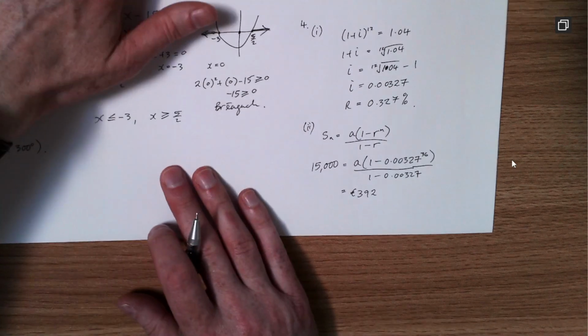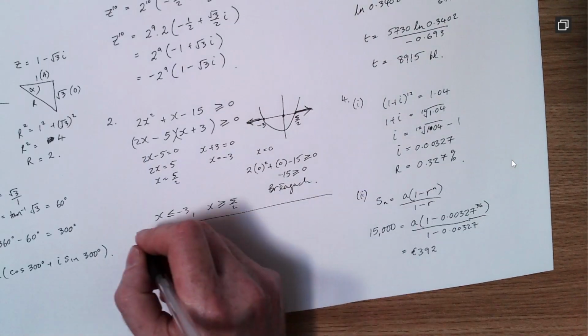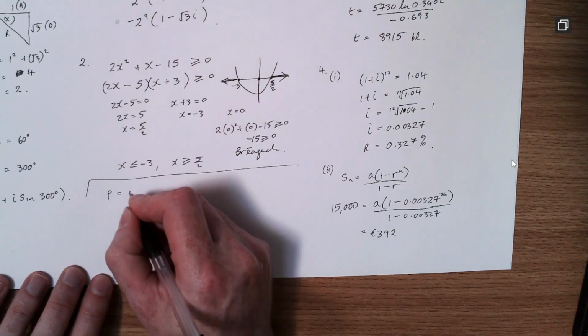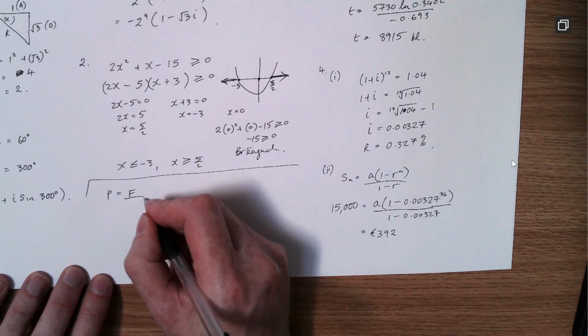Now, for this question I'm just going to use the formula. The payments are equal to the full amount times (1 plus i) to the power of t.